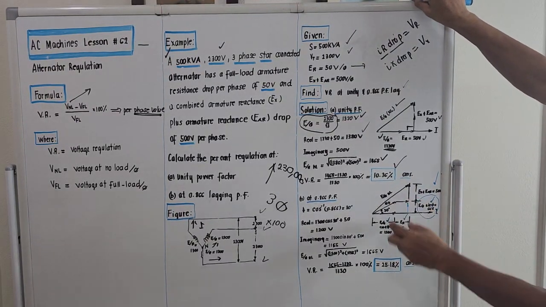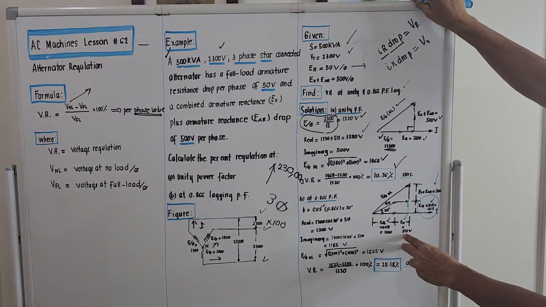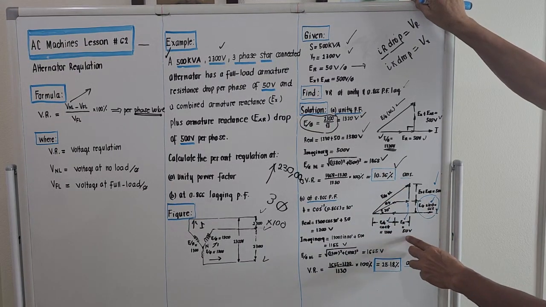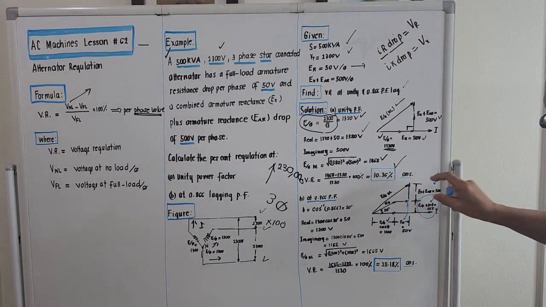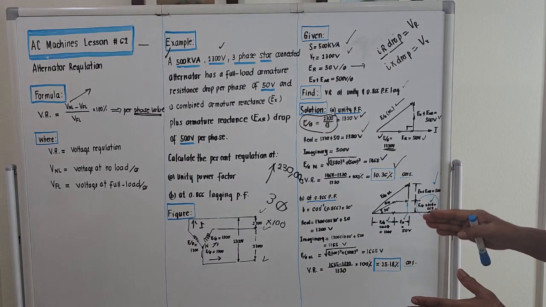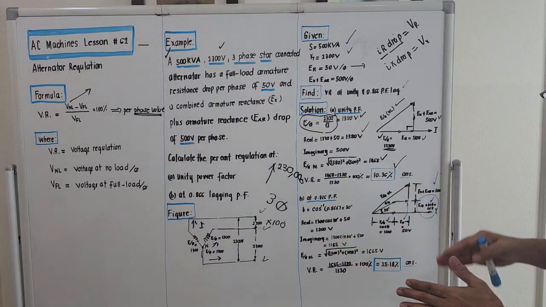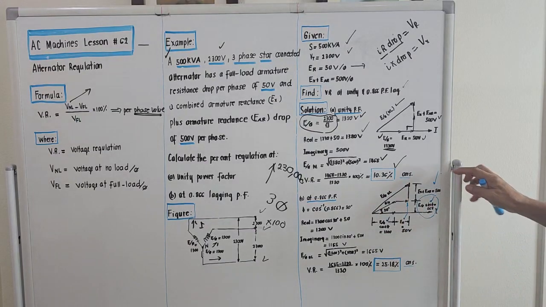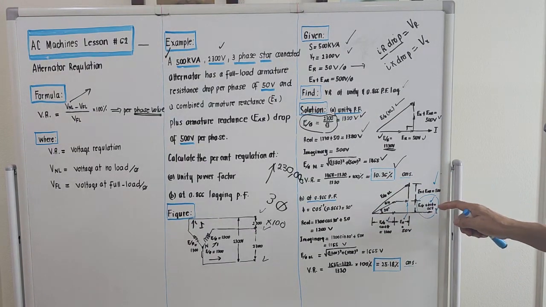This portion here is actually the drop due to the armature resistance. It is 50 volts. And this portion here is the given 500 volts. It is the drop due to the reactance of the excitation and the reactance of the winding. So this is 500 plus voltage per phase sine of theta, which is 665.